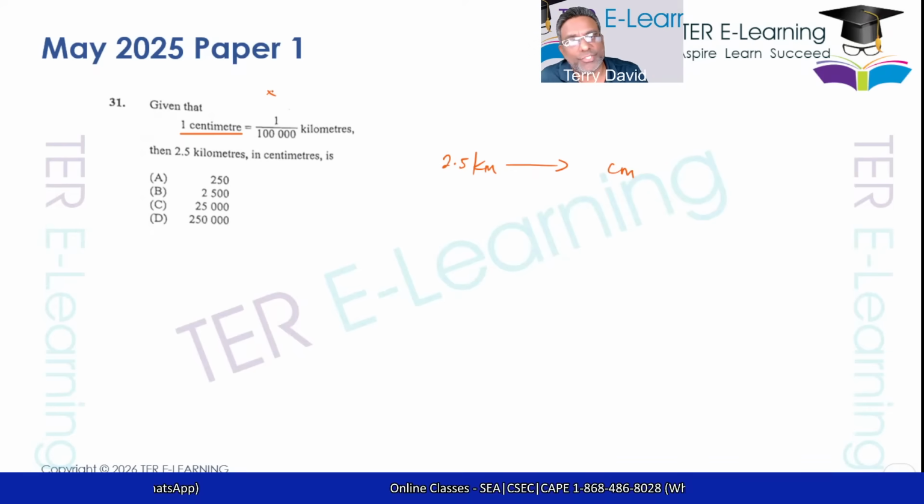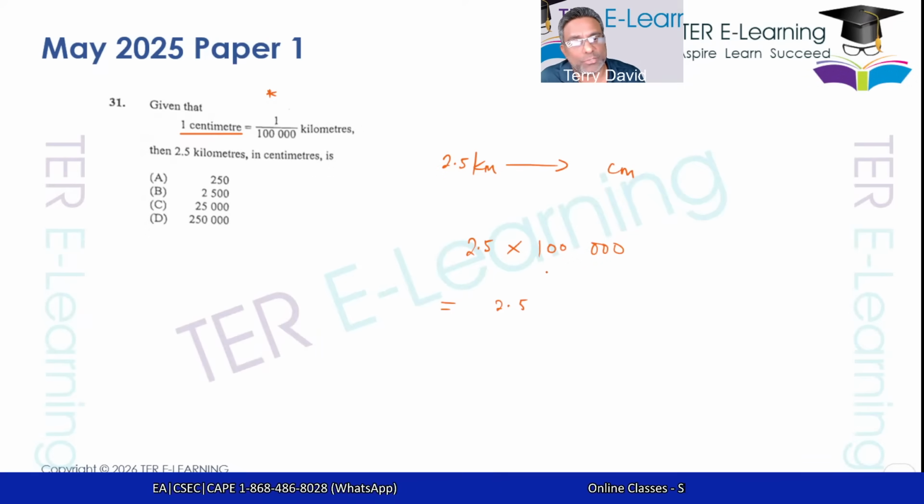Now this is a conversion here. If I want to convert centimeters to kilometers, I divide by 100,000. So if you want to convert kilometers to centimeters, you have to take 2.5 and multiply that by 100,000. So this question is a variation of one that we had previously. So that's 2.5, and if you want to multiply by 100,000, you're going to move 5 decimal places to the right.